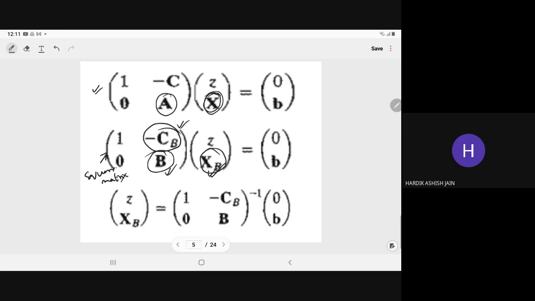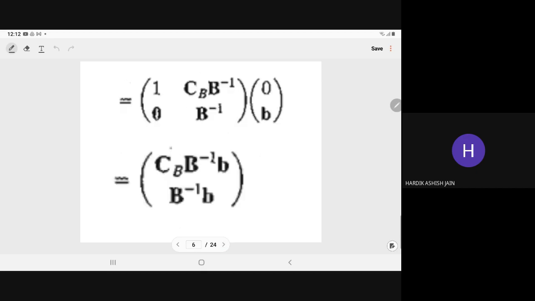So on the right hand side you have to write the inverse. So Z and XB is equal to 1 minus CB 0 B inverse 0 B, and this is a block matrix. Block matrix means it is a matrix of blocks; these are also matrices.